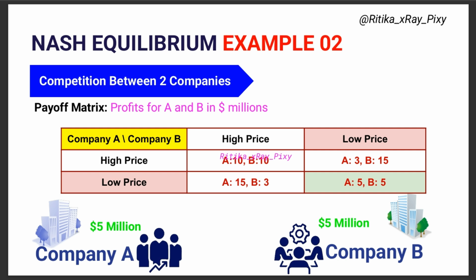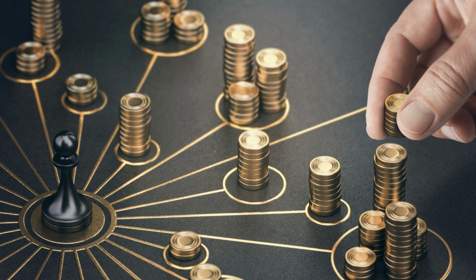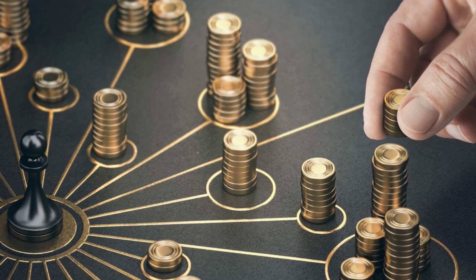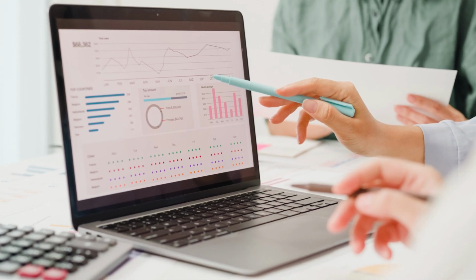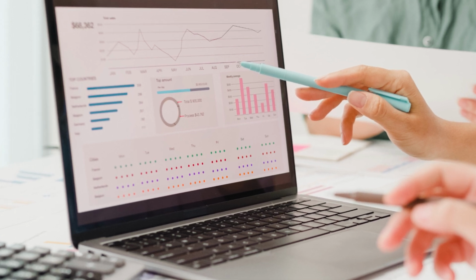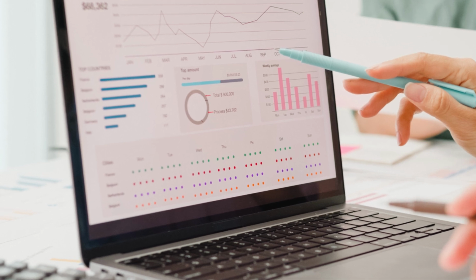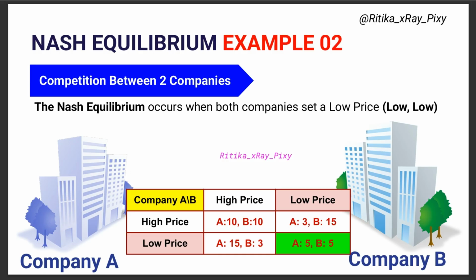Now for this example, Nash equilibrium occurs when both companies set low price, and it also reduces their profit. This shows that companies often end up in a price war, which represents how competition can lead to suboptimal outcomes for all players. This example also reflects real world pricing strategies such as price wars in the airline industry or retail.